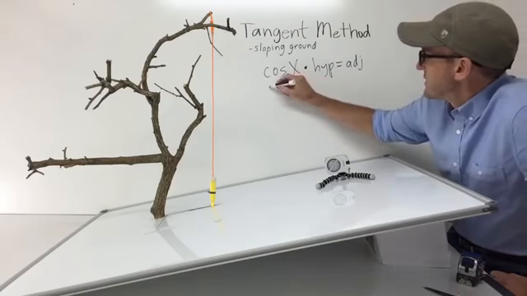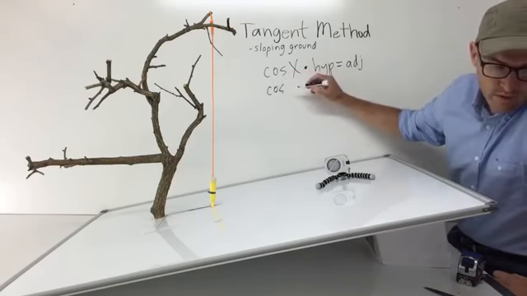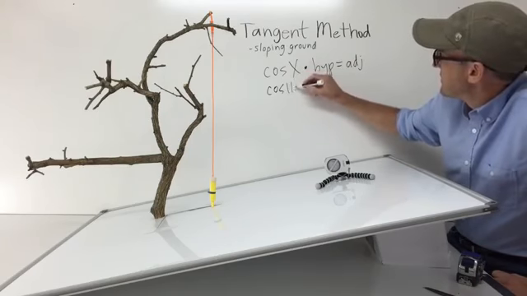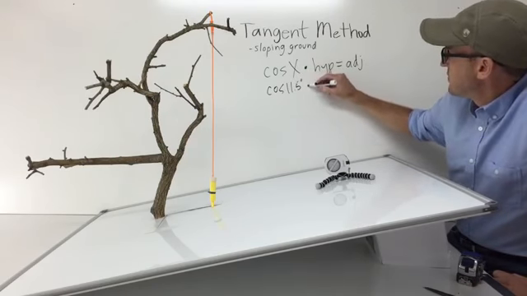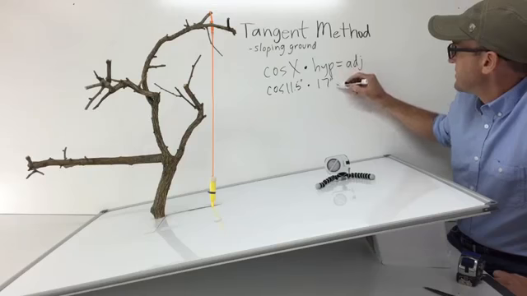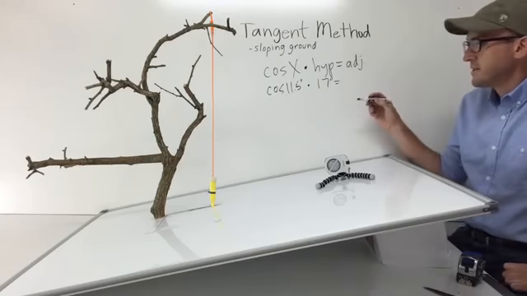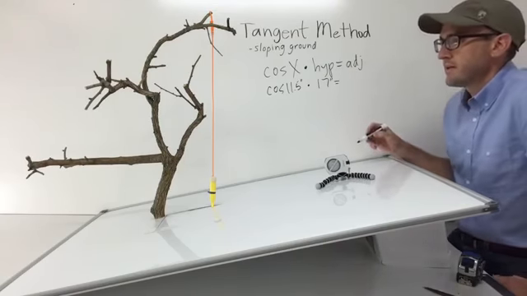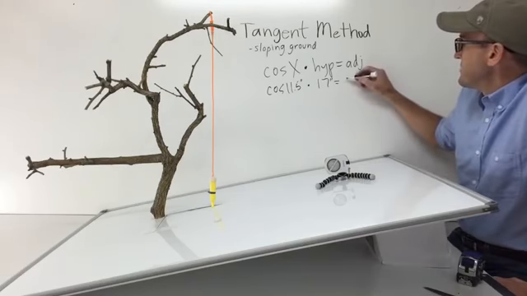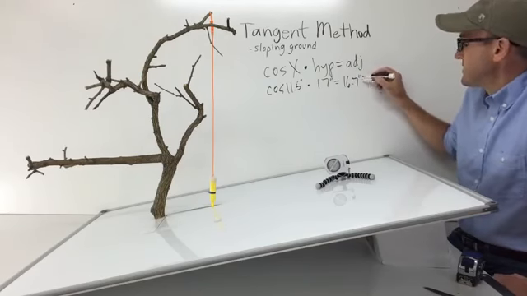So we'll take the cosine of 11.5 degrees multiplied by 17 inches. And I did the math on this with a scientific calculator, and that works out to 16.7 inches.